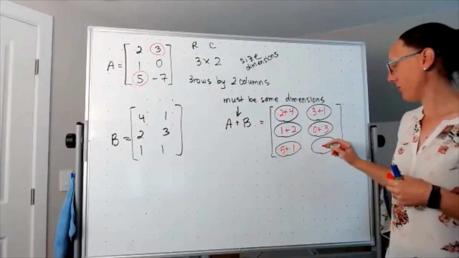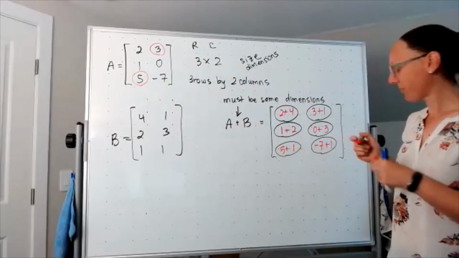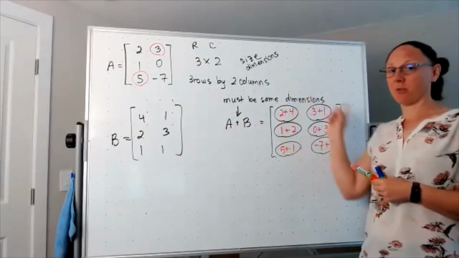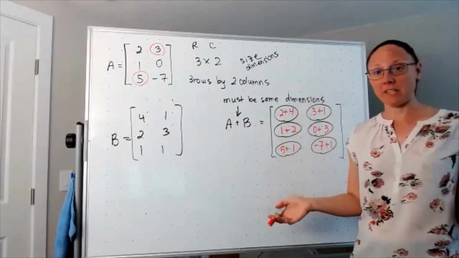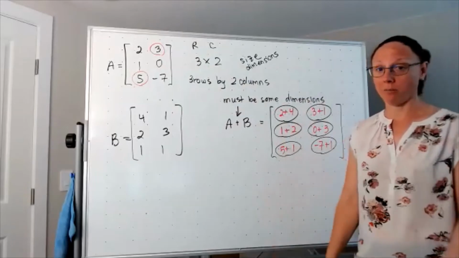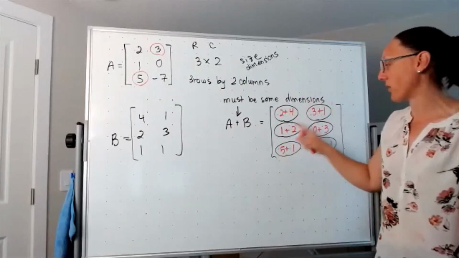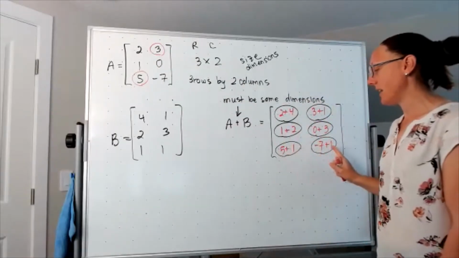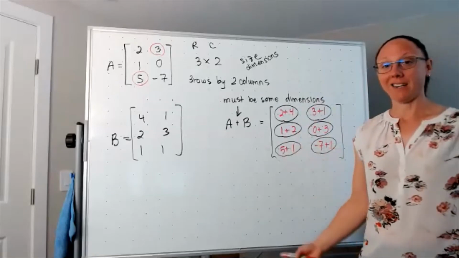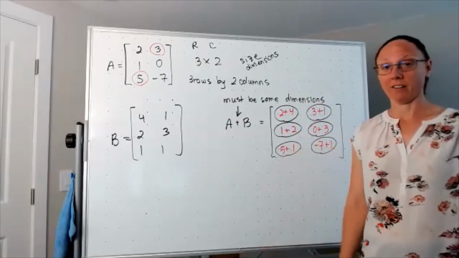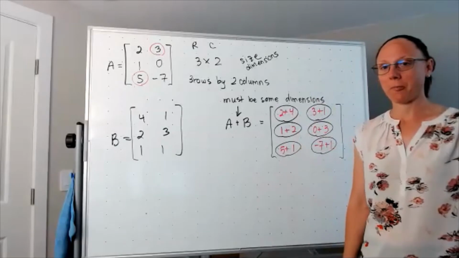Row 3, column 2. You do not need to write this step out. You can do arithmetic in your head. You are totally welcome to just write that down as 6, 4, 3, 3, 6, -6. I did it slowly because it's the first time we're adding matrices together.